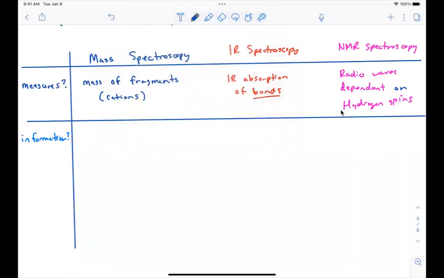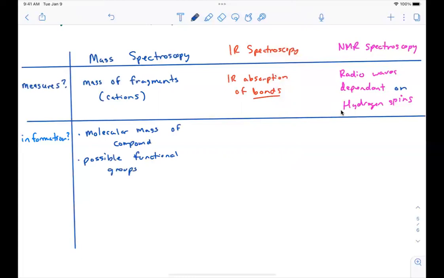Mass spec will tell you the molecular mass of the compound and possible functional groups. Now, it doesn't tell you a lot of detail about those functional groups other than their masses. So if there's only one functional group that has that mass, then it's obvious which functional group it is. But there are some functional groups that share the same mass, so it doesn't tell you anything more than that unless you have other information.